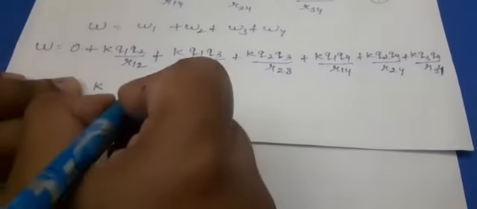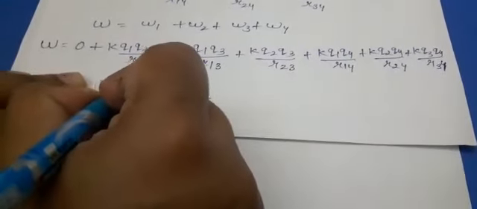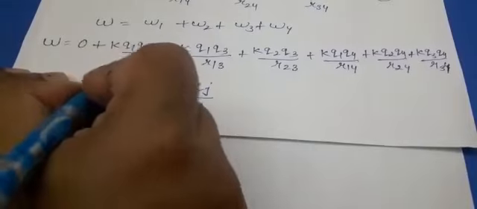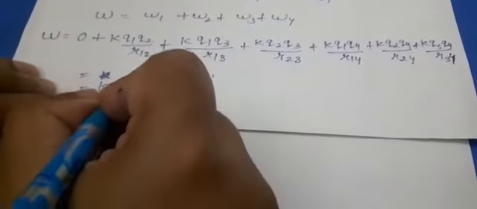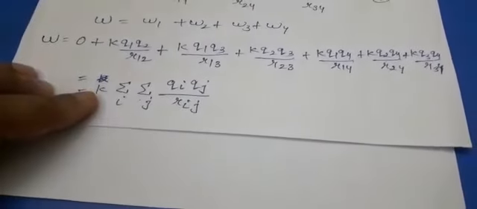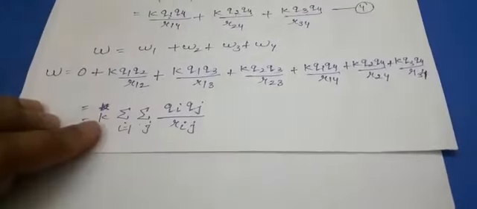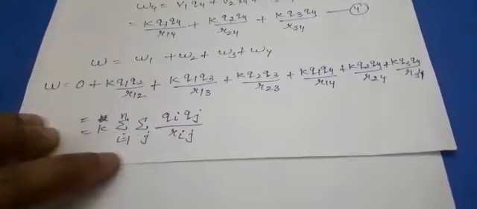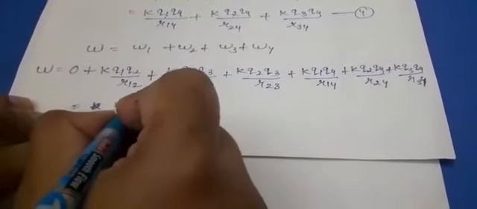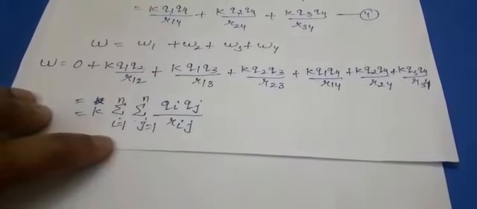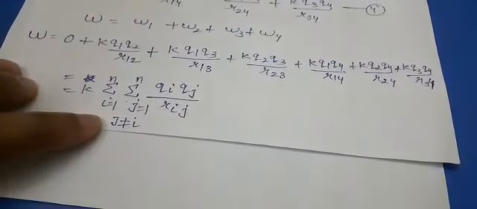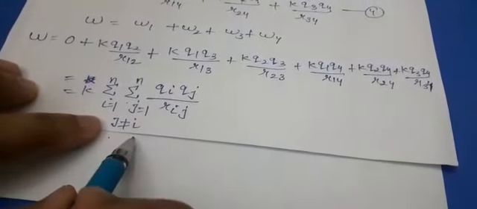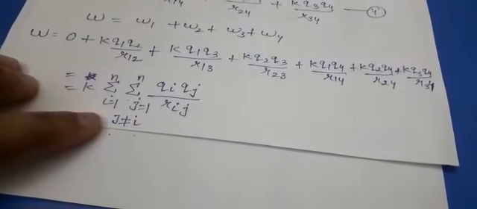Then the summation limit will be for both i and j, where i varies from 1 to n and j varies from 1 to n, provided j is not equal to i. This is an important point. Why are we taking this point?